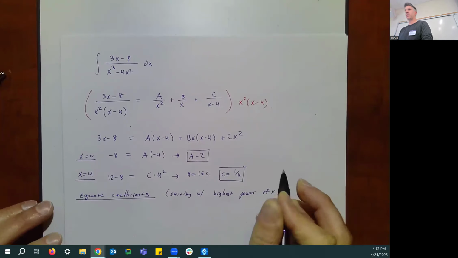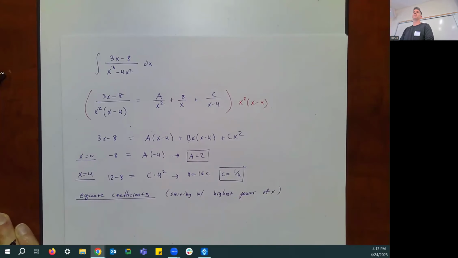What's the highest power of x on either side? I think I see an x squared, right? The reason you want to pick the highest power is because there's usually going to be the least number of terms that have that power.